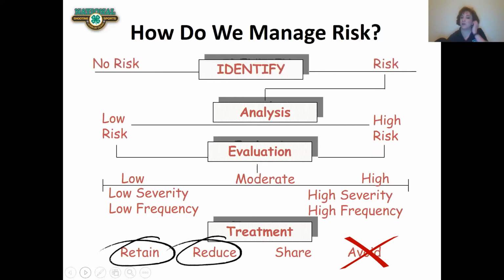So now that we agree that we need to retain the risk in providing this program, I'll ask you, are there ways that we can reduce that risk that we've decided to retain? Well, sure there are. We can reduce the risk by following our state's best management practices and the state 4-H policies. We can reduce the risk by requiring a minimum of 12 hours of instruction before 4-H volunteers can become a certified 4-H shooting sports instructor.